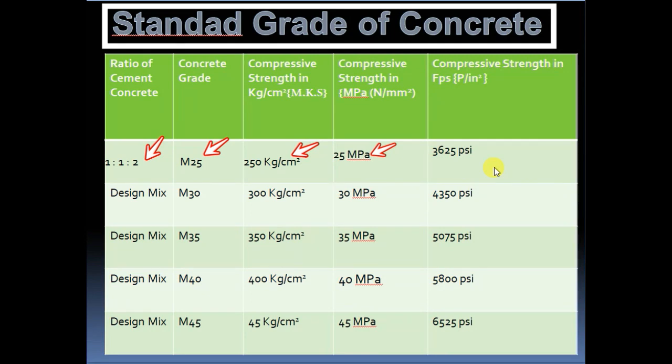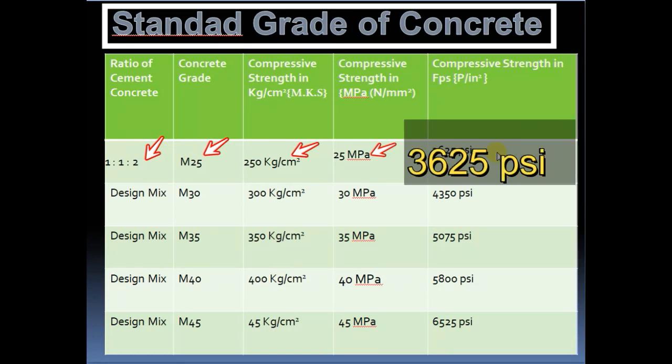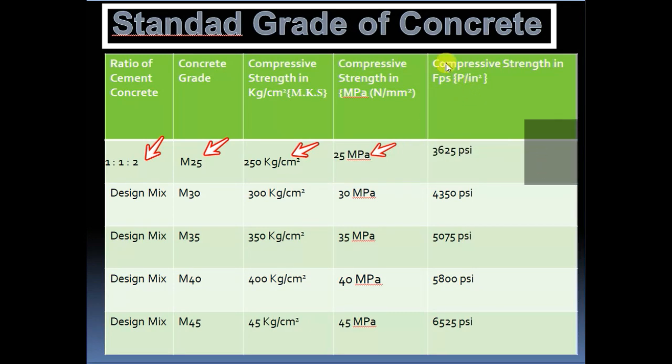Then we have the compressive strength in the FPS system, which is 625 psi. Psi is nothing else but pound per inch square. I mentioned it on top right over here, which shows what it means.